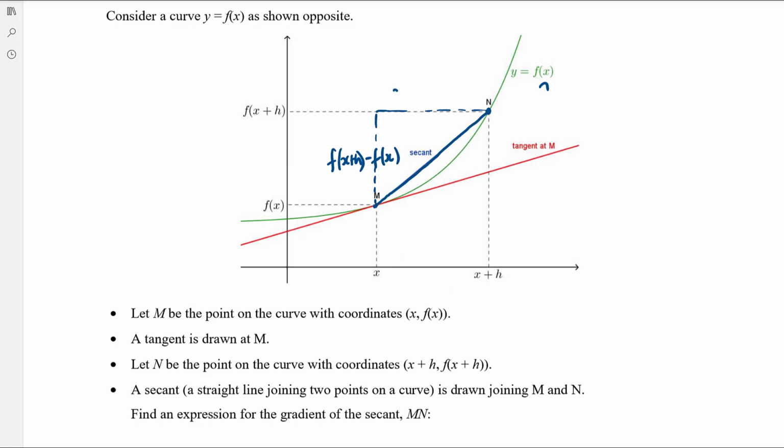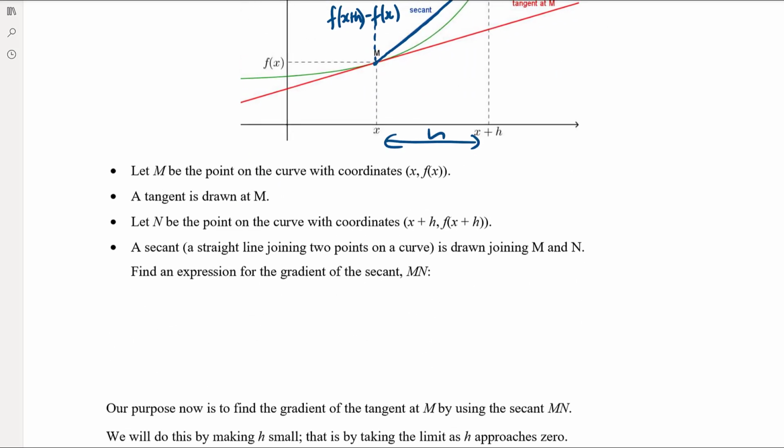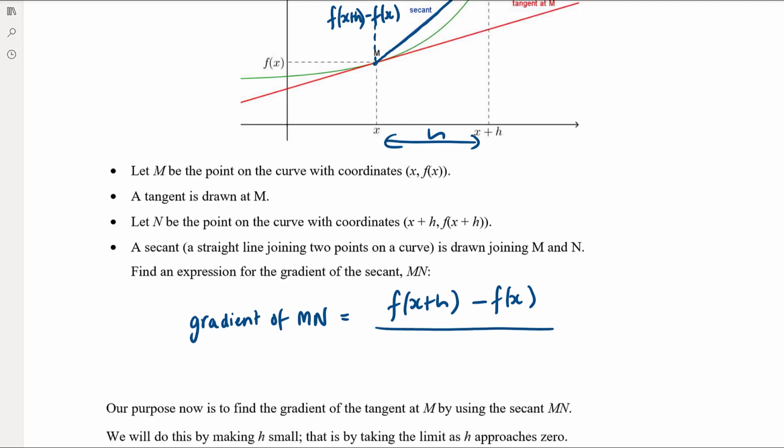The run is x plus h minus x, so that's just going to be h. Obviously this distance here is h. So the gradient of the secant mn is going to be the rise, f of x plus h minus f of x, all over the run, which is h.